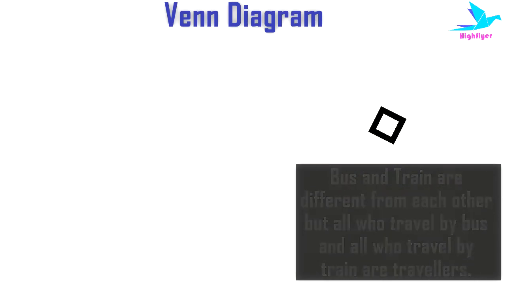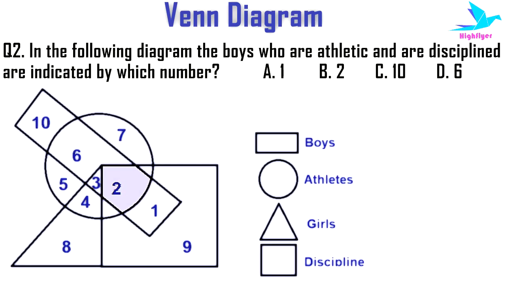Then question number 2. In the following diagram, the boys who are athletic and are disciplined are indicated by which number? Now here the rectangle refers to the boys, circle refers to the athletics, triangle refers to the girls and square refers to the disciplined.